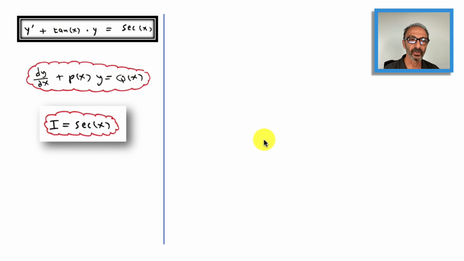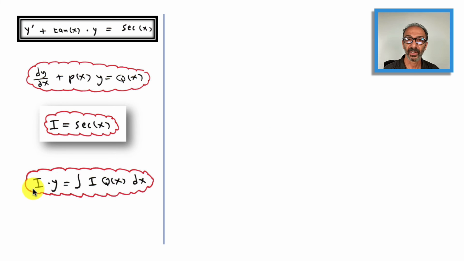We came with I equals secant of x, and after that we jump to the form I times y equals the integral of I q of x dx. That's basically a good summary of the first order linear differential equation.